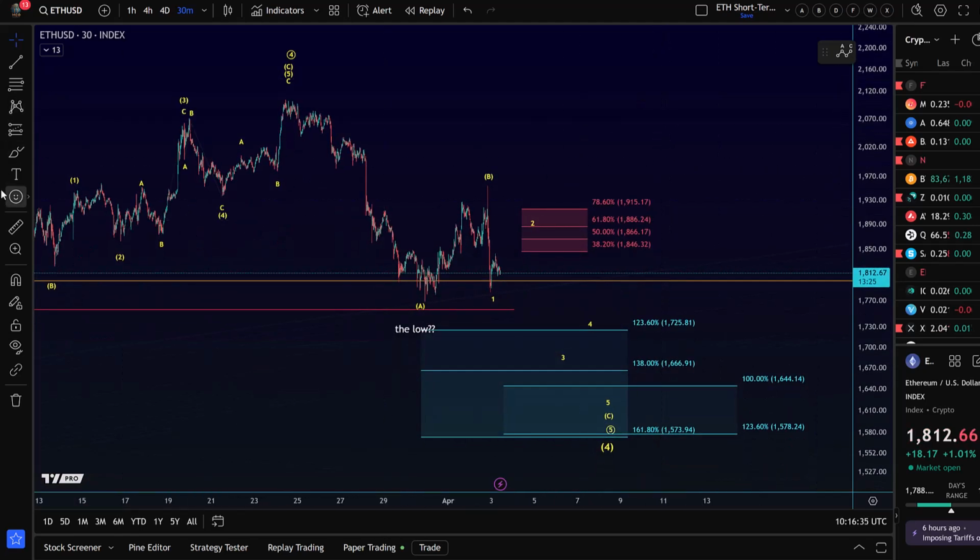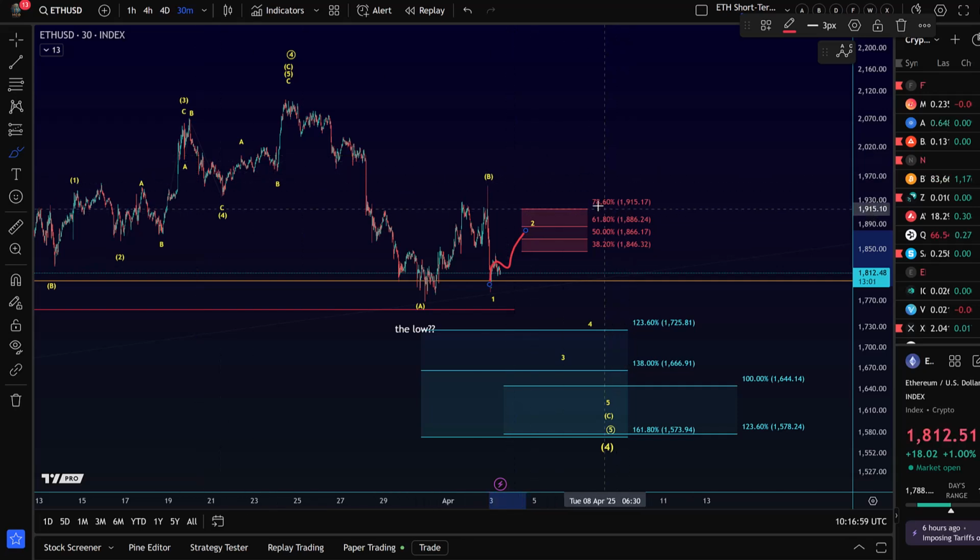So the thesis would be that the next bounce could be a wave 2, at least as long as we're holding below micro resistance. It's always important to understand what are the parameters that allow us to take a different stance. So for example, if we now see a break above resistance, it would mean that we have to change perspective in favor of something more directly bullish.